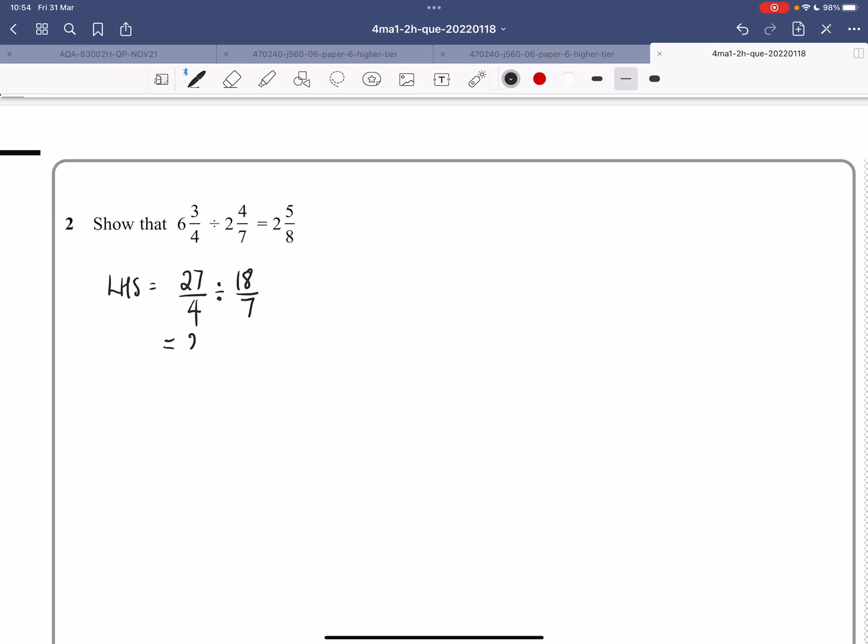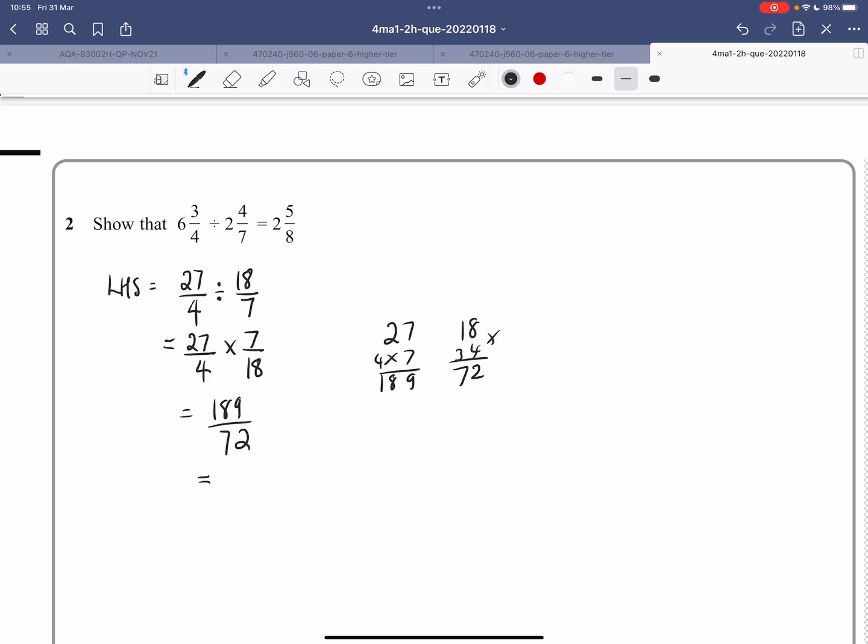Okay, so when we divide by a fraction, we turn upside down and multiply. Okay, and then 27 times 7, 189. And then 18 times 4 is 72. Okay, and they both divide by 9.